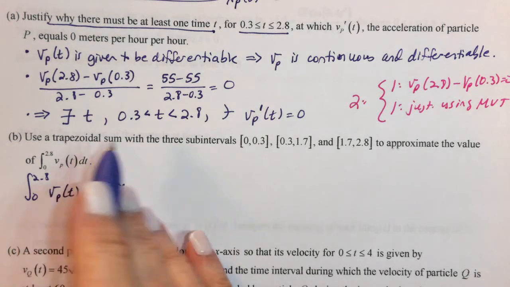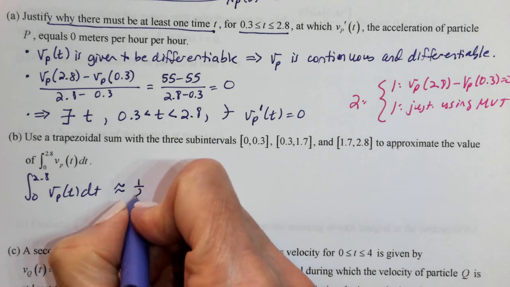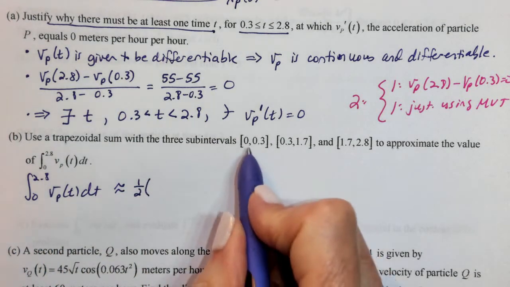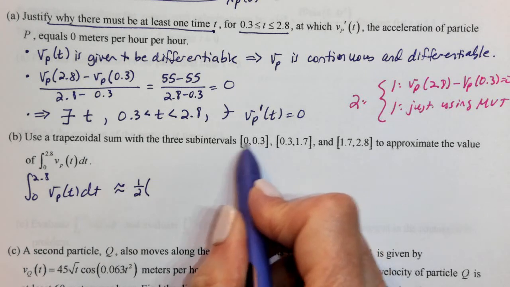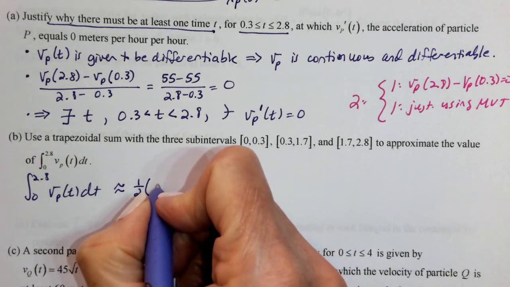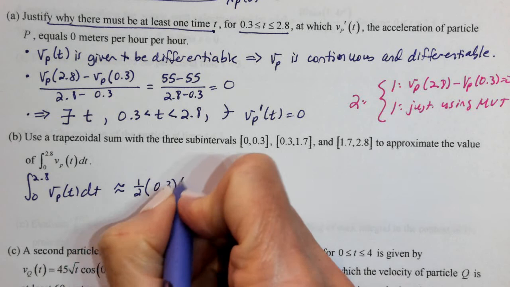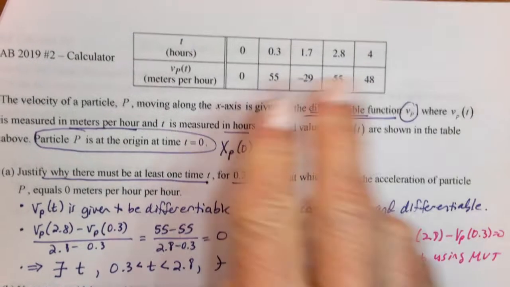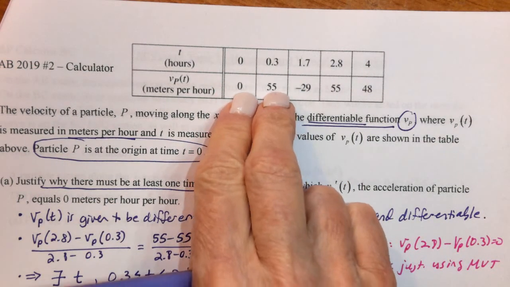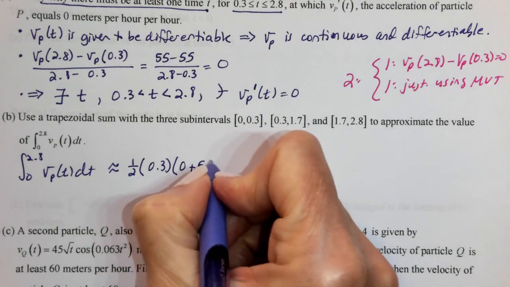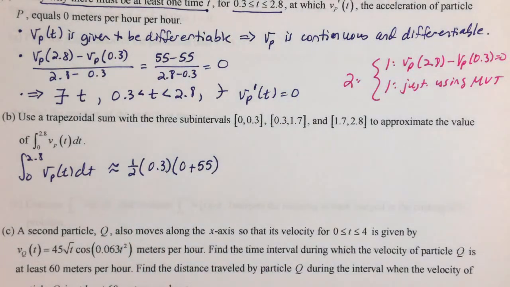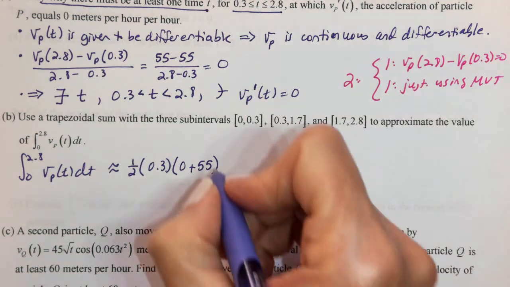It's a trapezoidal sum, so this is the one with the 1/2. So I start with my first subinterval. 0.3 minus 0 is 0.3 times, from 0 to 0.3 I add those two heights, so 0 plus 55, and I'm actually writing 0 plus 55. They need to see both of those heights, alright?